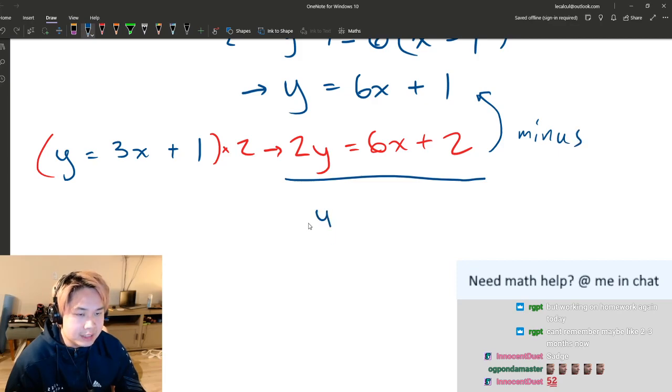Then I'll have positive y, and 6x: 2y minus y is y, 6x minus 6x is 0. They've been eliminated. That's the whole point of multiplying this whole equation by 2. And then 2 minus 1 is 1. So there you go.